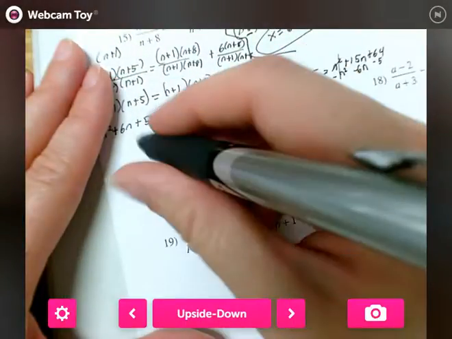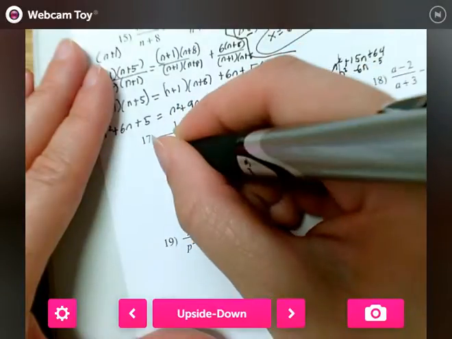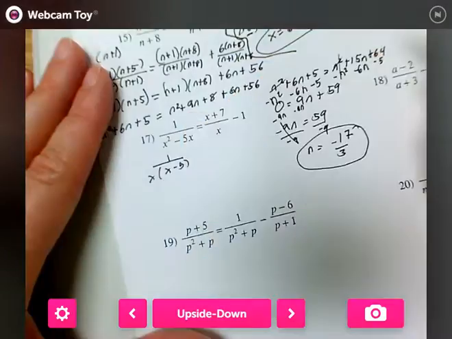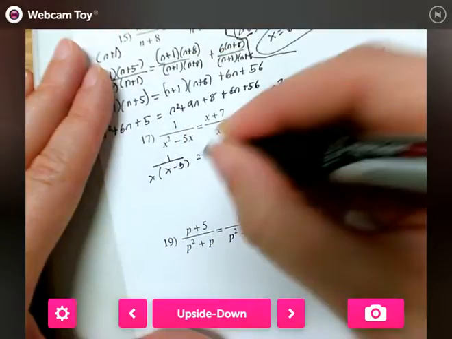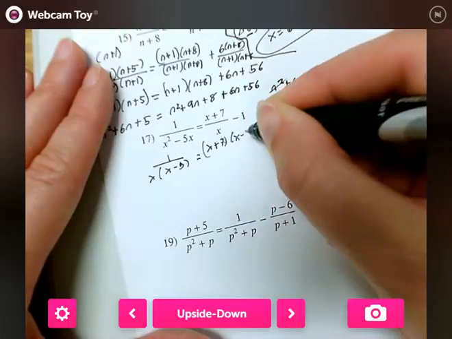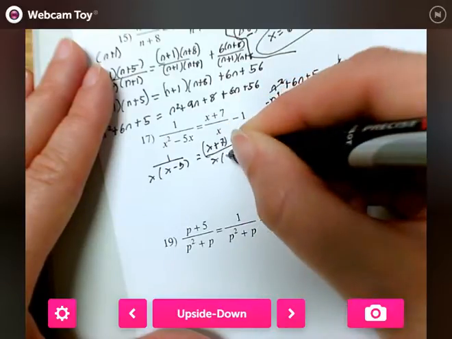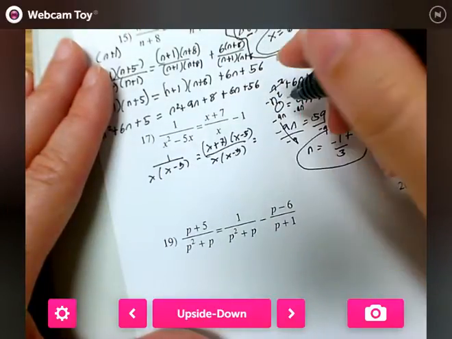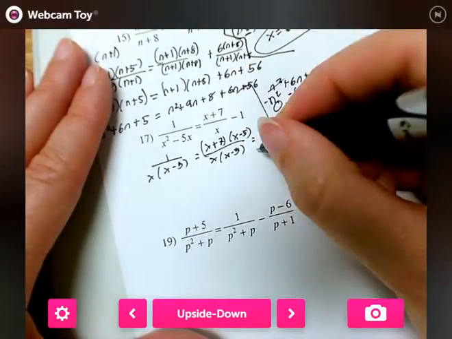17, I'm going to factor this out. I've got 1 over x times x minus 5. So I've got to times this one by x minus 5. x plus 7 times x minus 5 gives us x times x minus 5. And then negative 1, we're going to have to do x times x minus 5 over x times x minus 5. Can you guys see this? I'm sorry, it's messed up a little bit.